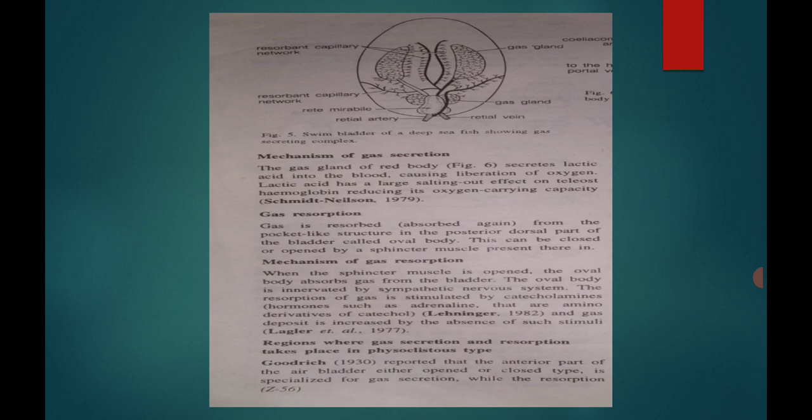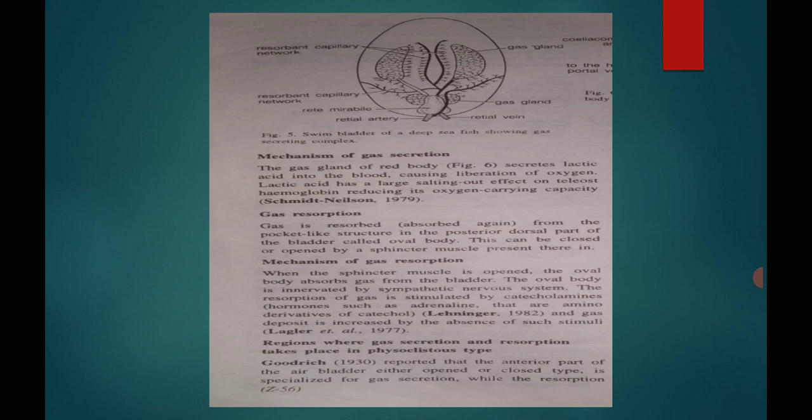In gas resorption, gas is reabsorbed from a pocket-like structure in the posterior dorsal part of the air bladder, which is called the oval body. This can be closed or opened by a sphincter muscle present there. In the mechanism of gas resorption, muscles open the oval body and absorb the gas from the air bladder.